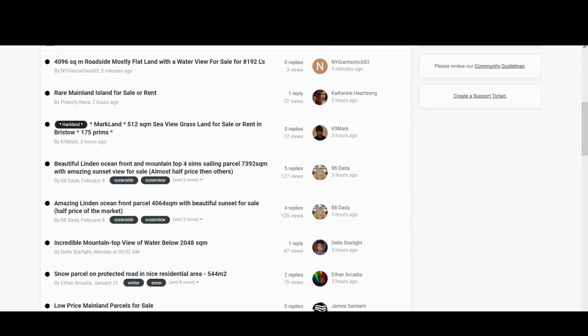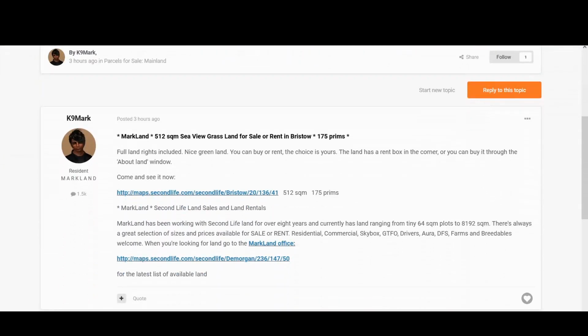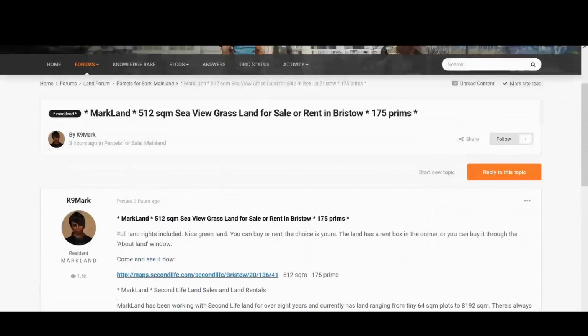Now, most of these, unlike the marketplace listings for rentals, most of these are still going to be available unless you click into something and it says that it's been sold already.